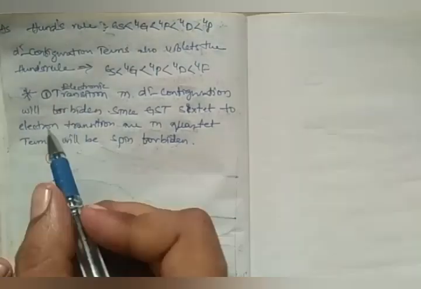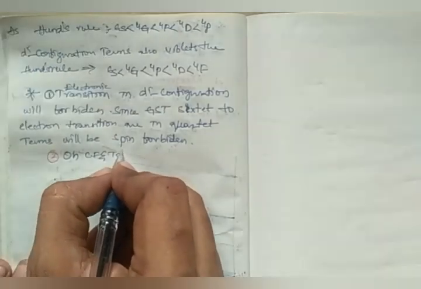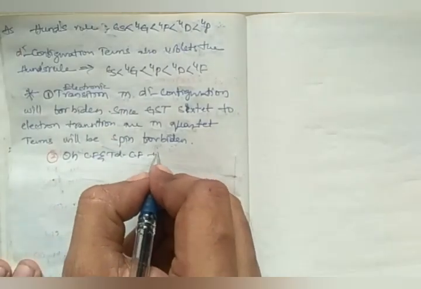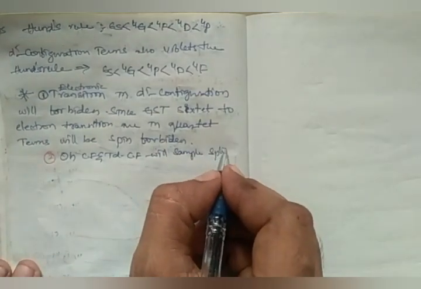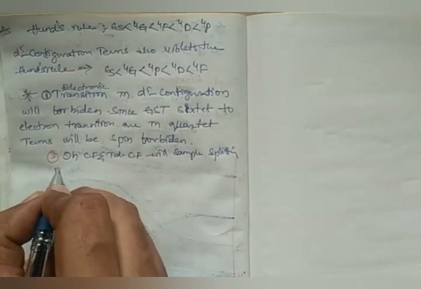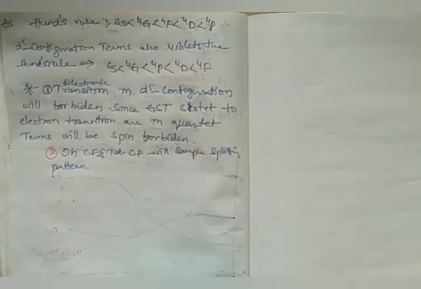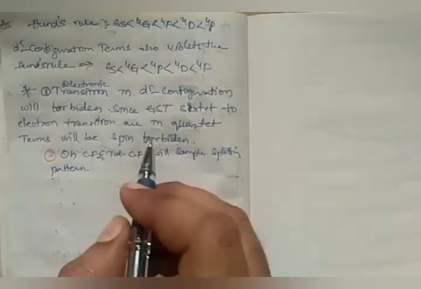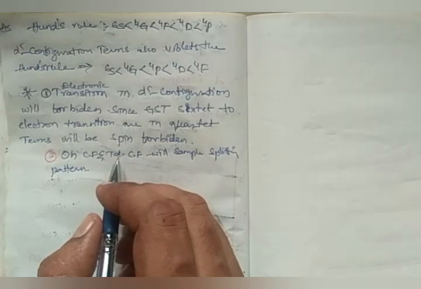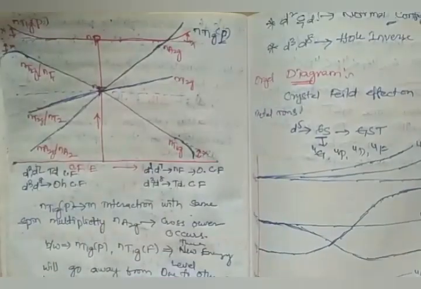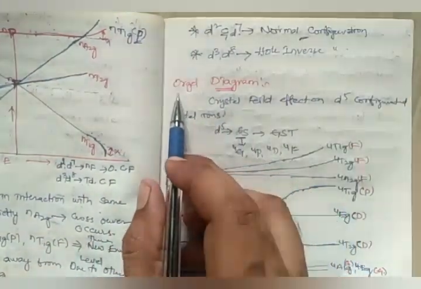And the octahedral crystal field and the tetrahedral crystal field will have the same type of splitting patterns. With these two points, I conclude the d5 electronic configuration Orgel diagram.